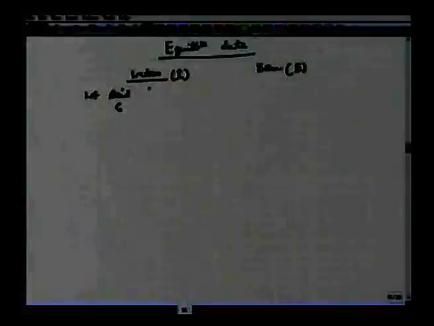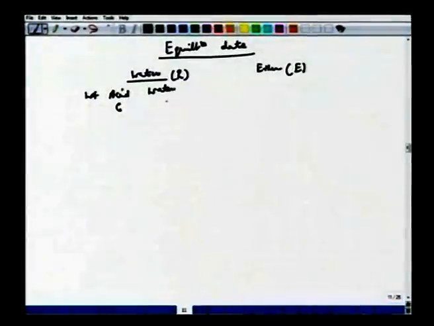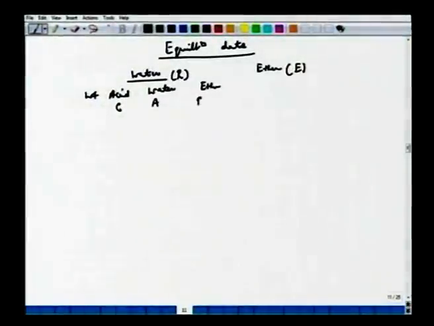Here we have been given all weight percent of acid, which is C. Then we have water, which is A, ether, which is B. So the data would be given in terms of acid, water, ether, and we have to identify. So this is the solute, we put C; water is the feed, so we put it as A; ether is the solvent, so we put it as B.